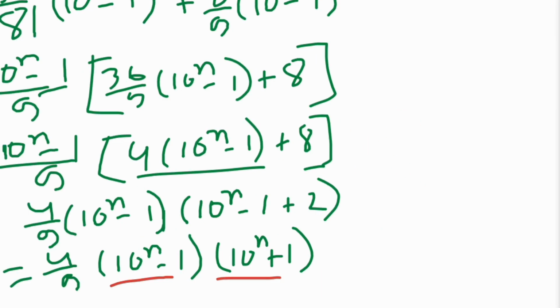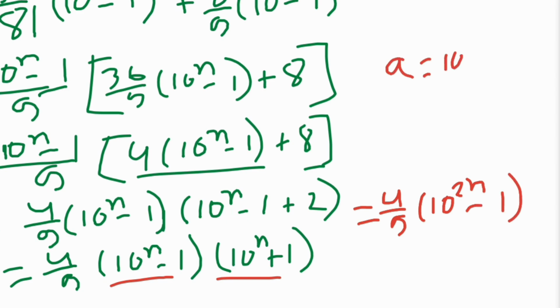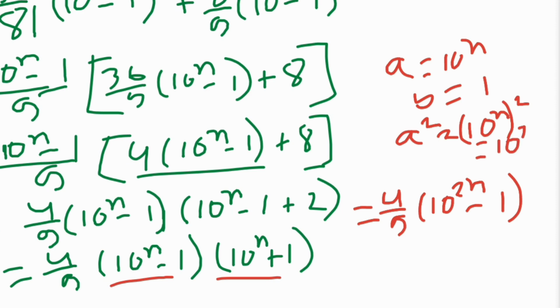So 4 over 9 into 10 raised to the power 2n minus 1, because here a is 10 raised to the power n and b is 1. So a square, that is 10 raised to the power n whole square, is simply 10 raised to the power 2n, and b square is minus 1. So this is our answer.